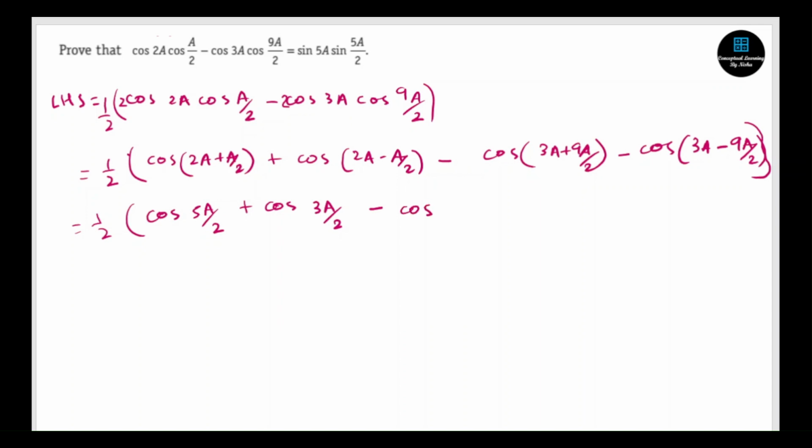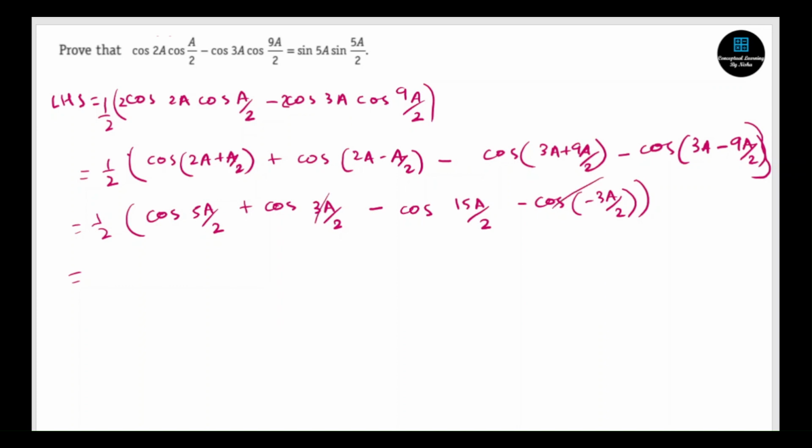Cos 15a/2 minus cos(−3a/2), right? Now cos(−θ) is cos θ only, so we can cancel this and this.